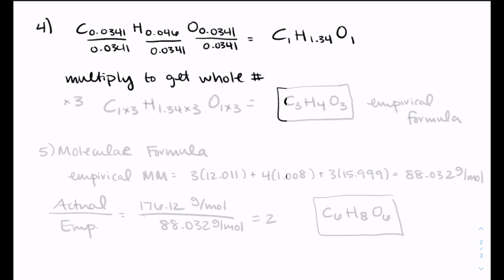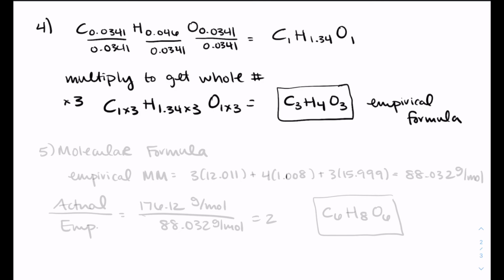The other thing that you can do is just try values and see what you get. So if I were to multiply through by 2, well, carbon and oxygen are fine, but multiplying 1.34 by 2 gives me 2.68. So I'm still not close enough to a whole number, so 2 doesn't work. So then I would try 3. And it turns out if you multiply by 3, you do end up near a whole number.